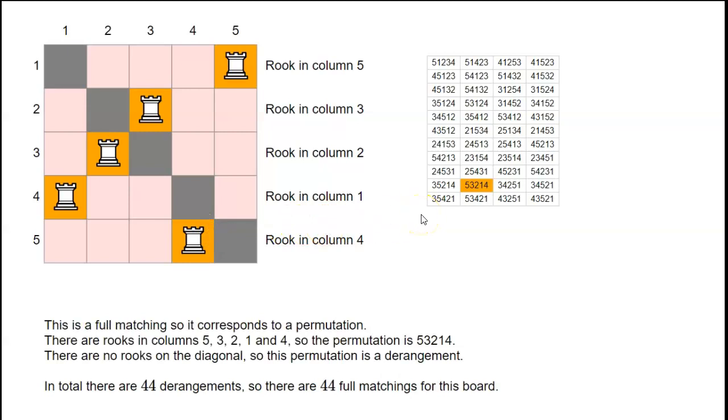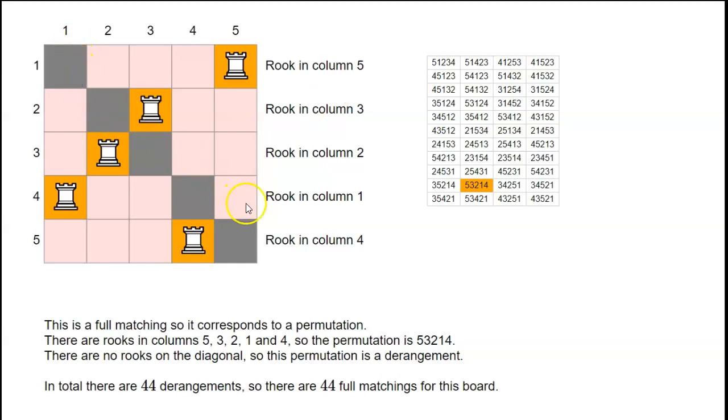And so as we've discussed before, this kind of rook placement corresponds to a permutation. We just read off which columns the rooks appear in, 5, 3, 2, 1, 4, and that's a permutation. And this permutation is a derangement, you see, because if the corresponding permutation sent k to k, that would be the same as placing a rook in position k,k, which would be on the diagonal, which we're not allowed to do.